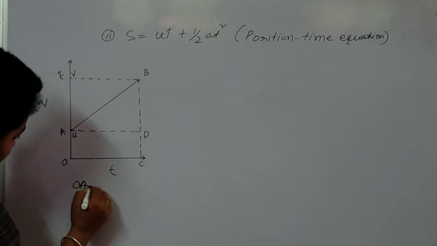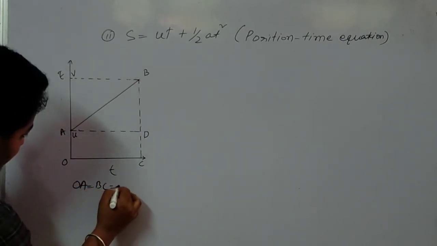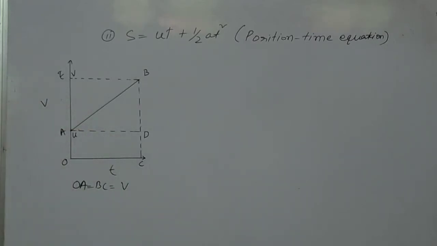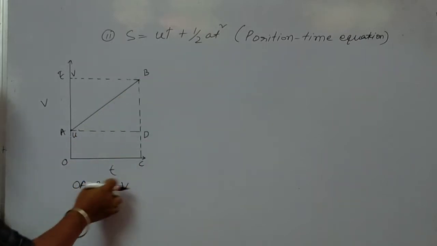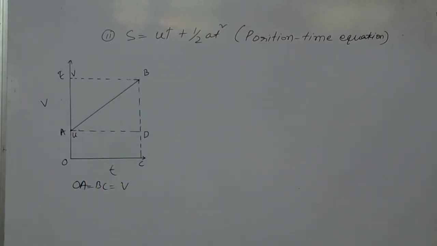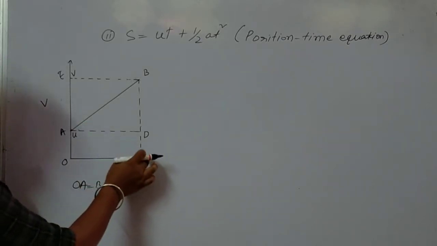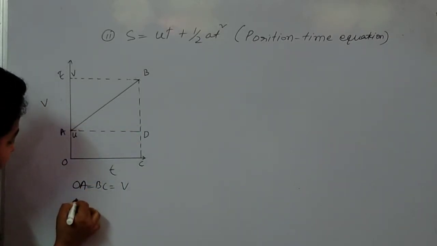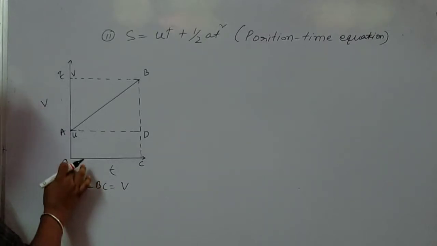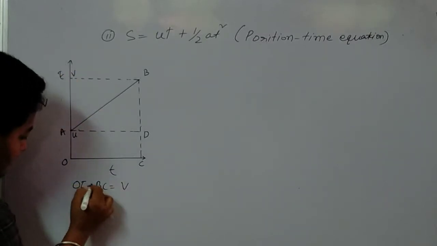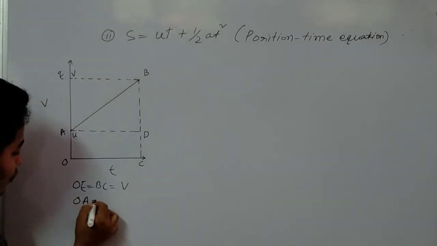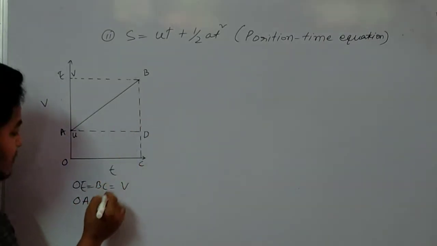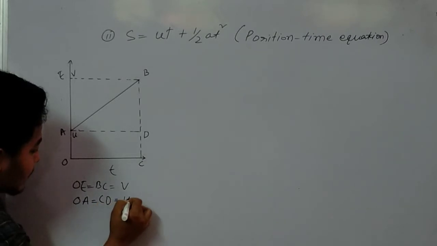We have some assumptions, and again we can write that OE is equal to BC is equal to the final velocity. Next, OA is equal to CD, and this is going to be the initial velocity.